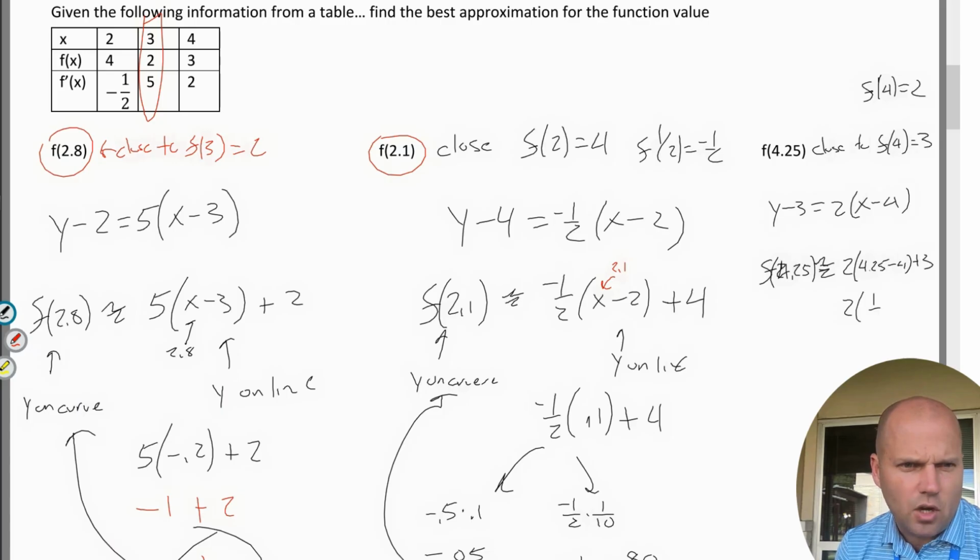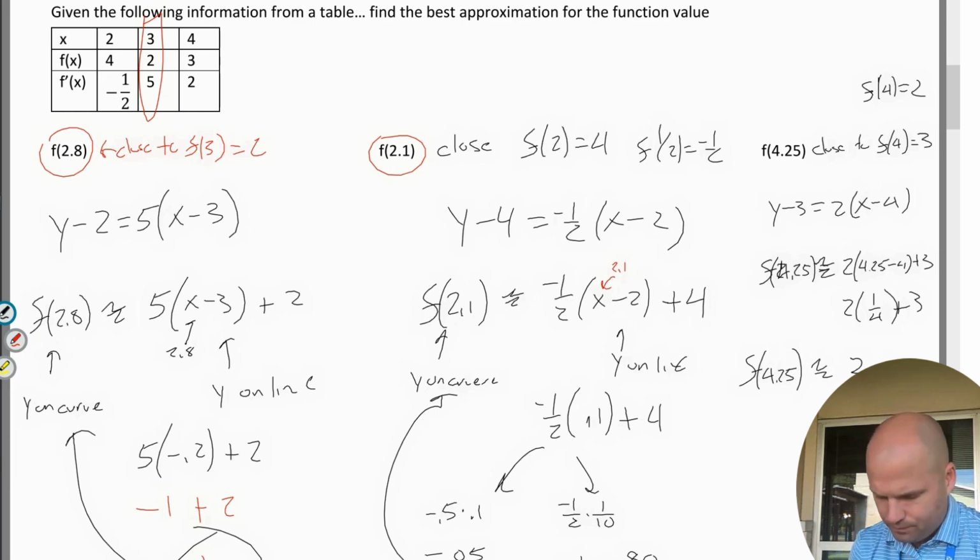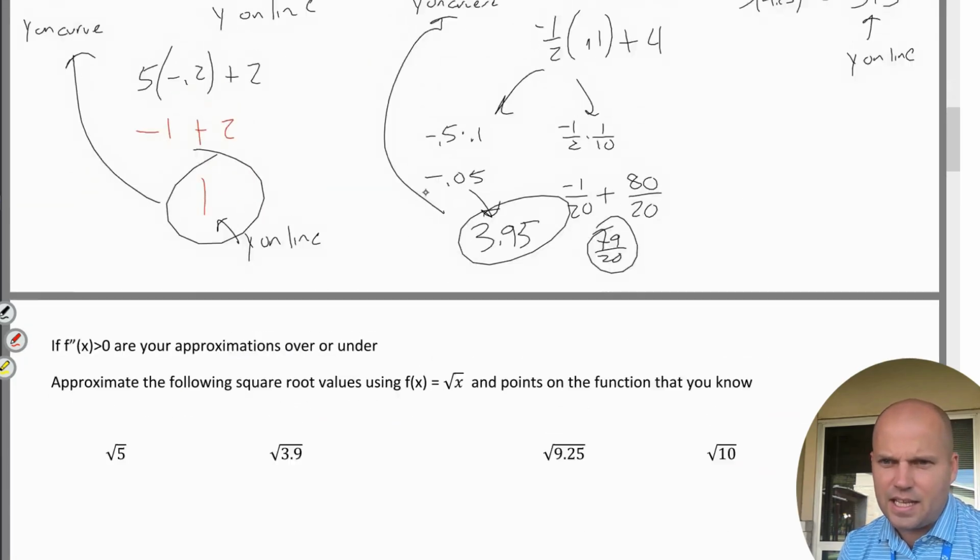At 2 times a quarter plus 3, that's probably easier than 2 times 0.25. I get 3 plus a half, which is 3.5. So my y value on my curve is approximately equal to 3.5, which is a y value on my line. That's it. That's the lesson.